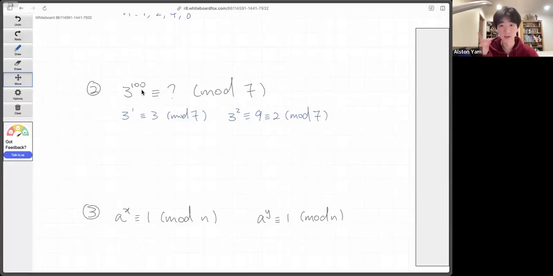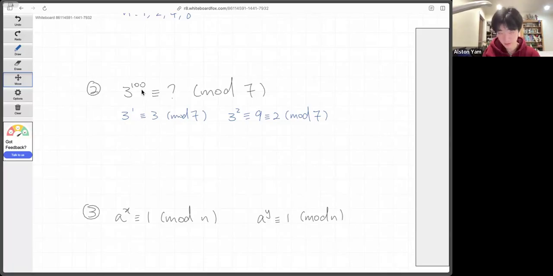That is congruent to 2 mod 7. Now, what I'm going to do is use our multiplication property. We saw before that multiplication is preserved under mod n, right? So what I can do here is multiply both sides by 3, and the congruence will still be true.